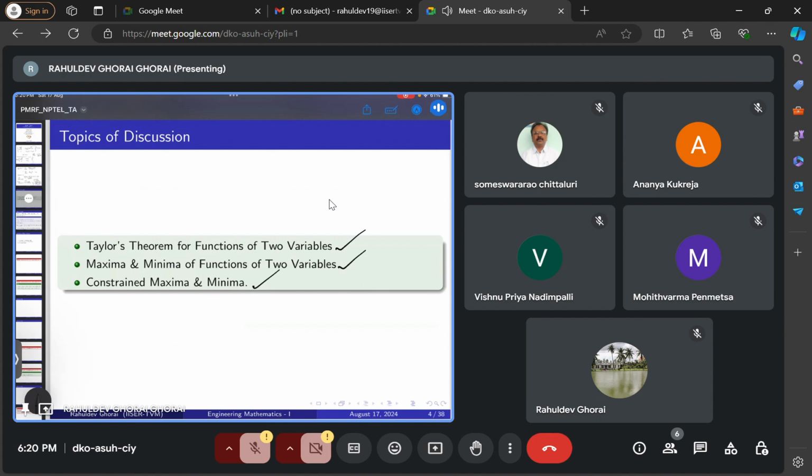So we have already seen Taylor's theorem for functions of one variable. If f is a function of one variable, then f(x) at a point, suppose you have a point a in a domain, then in the neighborhood of that point the function should look like this: f(a) plus f prime a plus, and it will keep on going if the function is infinitely differentiable.